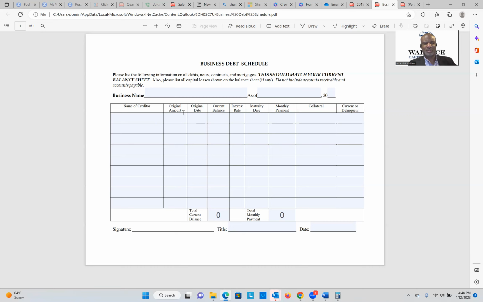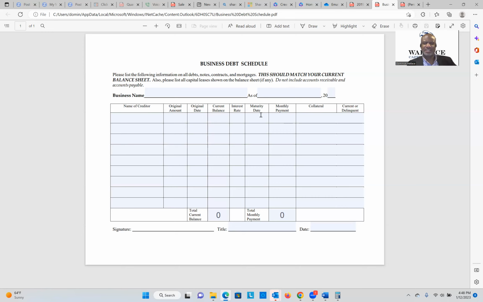The original date is when you actually got the debt instrument, the loan, equipment lease, whenever you got that financing. Then what you currently owe as of the date that you put here, with the month, day, and year, of course. The current balance is what you owe, then the interest rate, the maturity date.